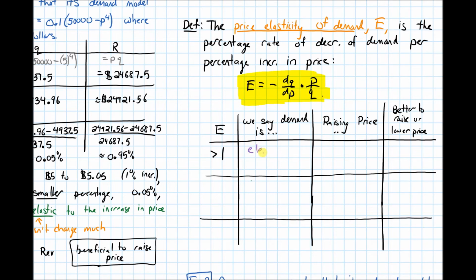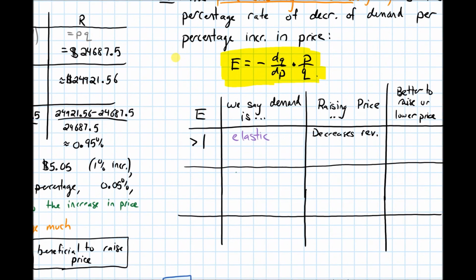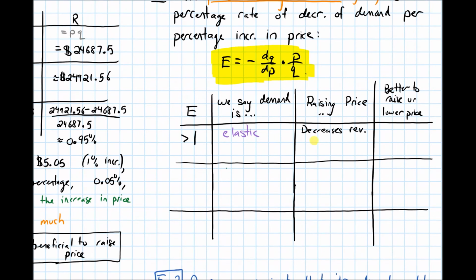When that happens, raising the price decreases the revenue, since Q, which is demand, decreases a lot.